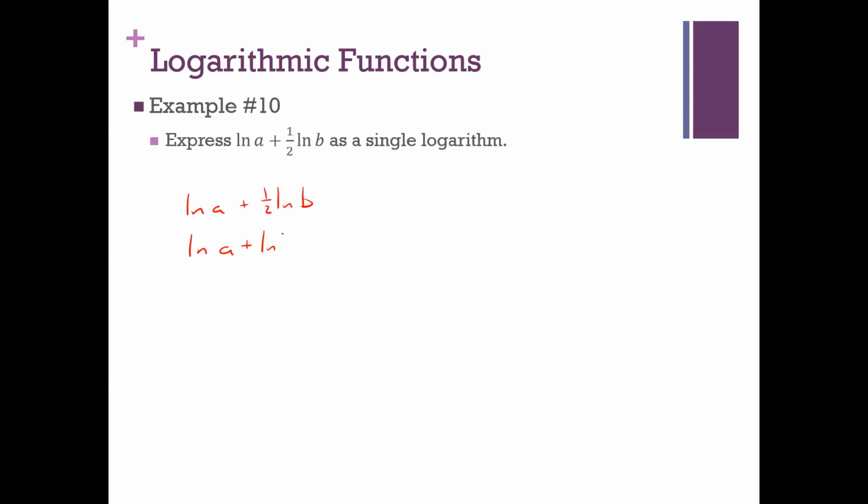So natural log of a plus the natural log of b to the 1/2, which we could also write like this: natural log of radical b. Almost there. Now what? Natural log of ab to the 1/2, or natural log of a radical b.